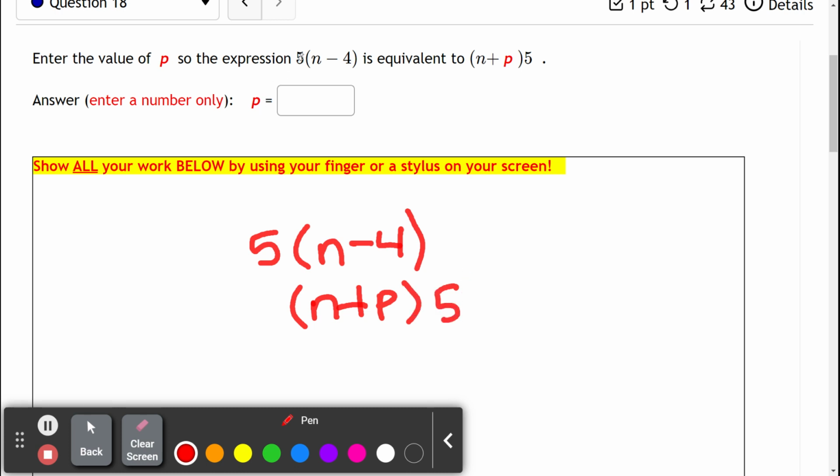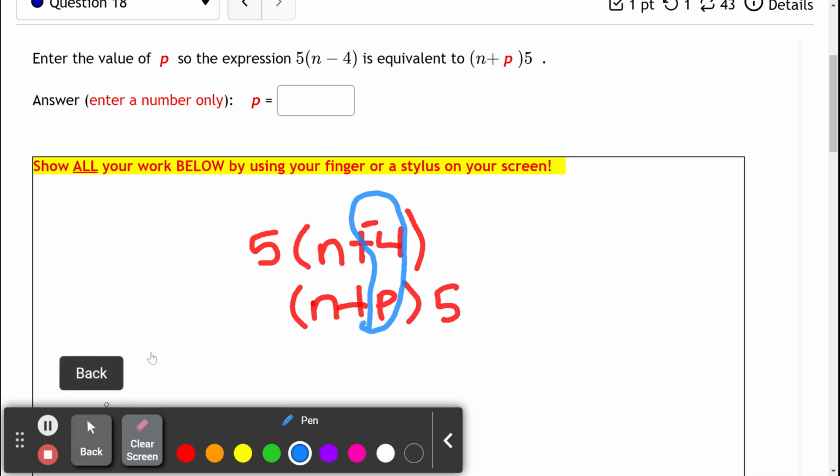See, what I did is I grabbed it from here on this side, and I grabbed it from here over here. And the question is, what is p? Well, n minus 4 is the same thing as n plus a negative 4, so p ends up being negative 4.